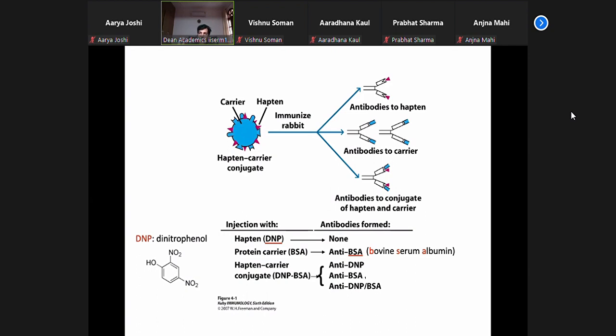But for the time being, just remember that the carrier protein is processed by your APCs. They cut it into small peptides. Those peptides are loaded onto MHC class 2 to activate your T helper cells, and T helper cells can help provide signal number 2 and signal number 3. And then you would be able to induce efficient antibody responses.